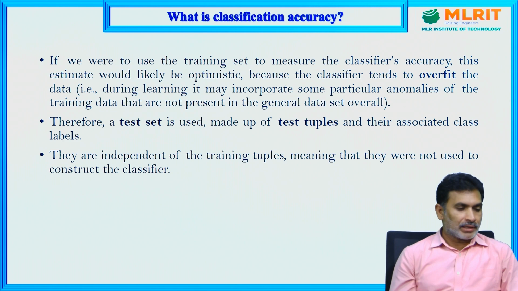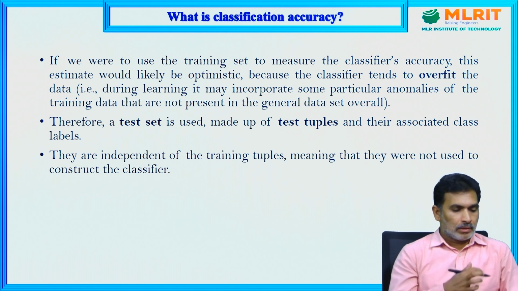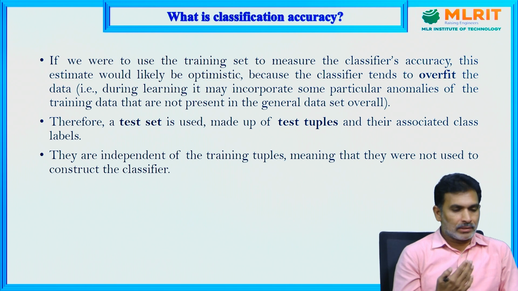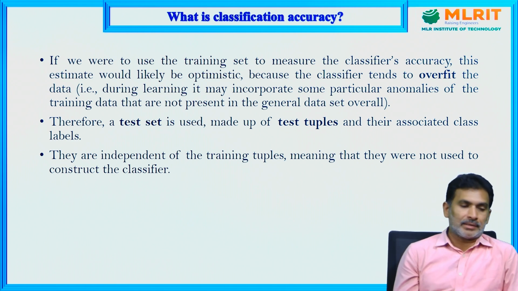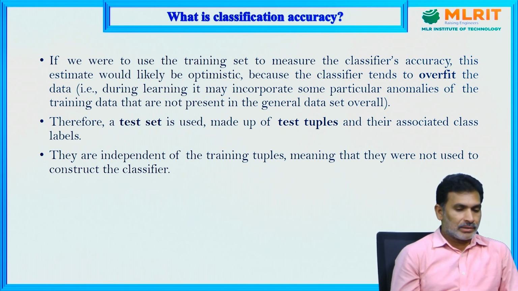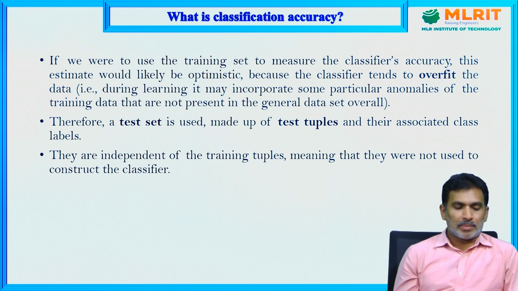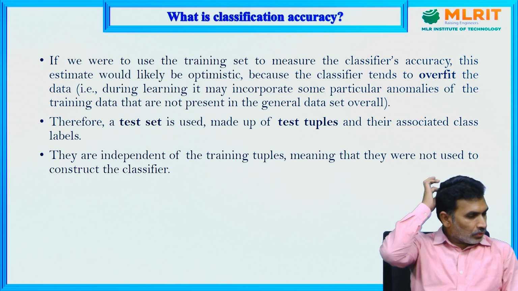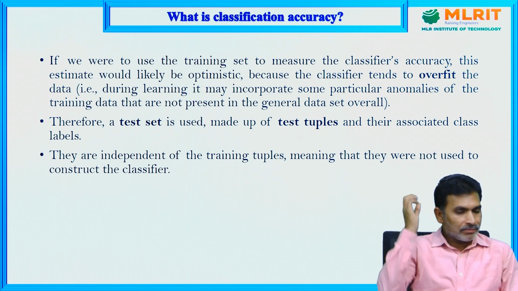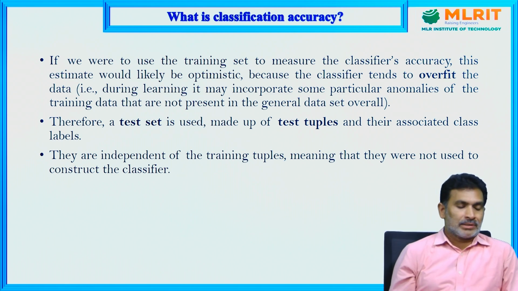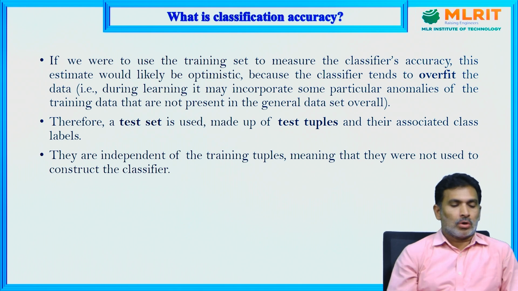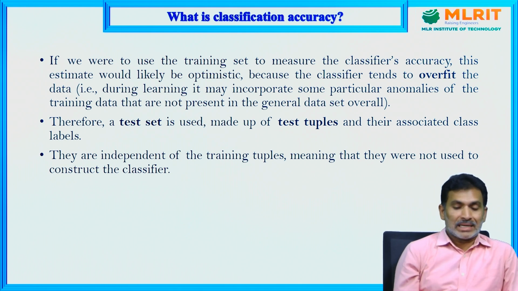Now classification accuracy. As we discussed, classification is a 2-step process: first learning, and second classification. Once the learning happens, we test the model to measure the classification accuracy. If you use the training set to measure the classifier's accuracy, the estimate would likely be optimistic, because the classifier tends to overfit the data.